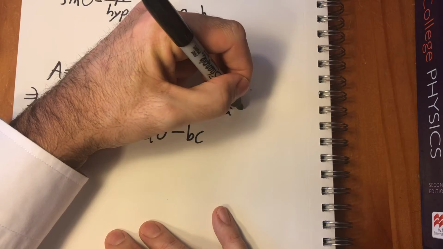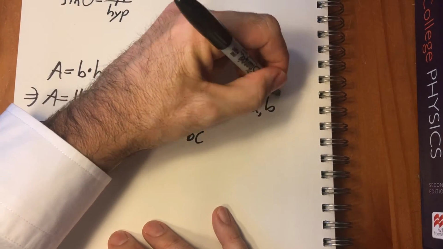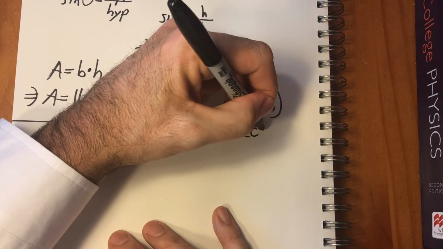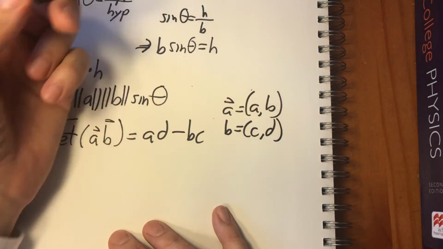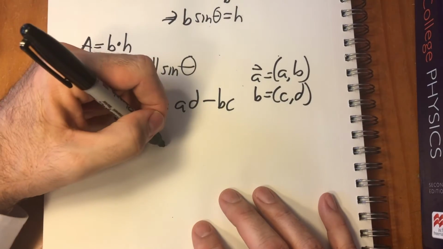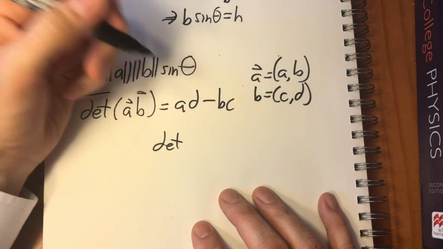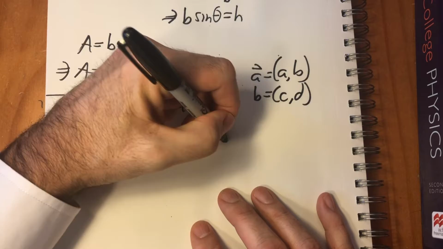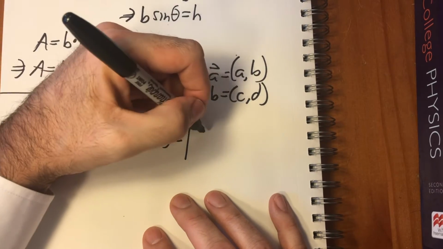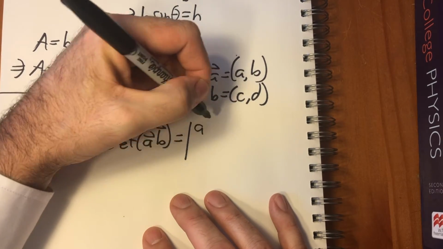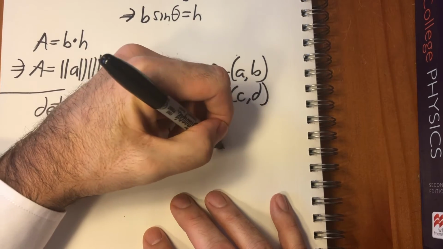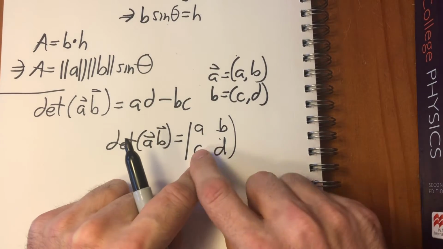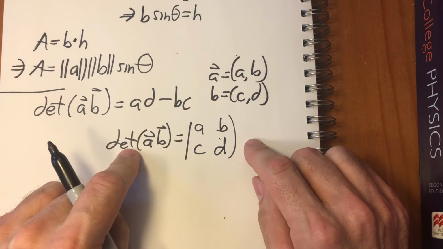So if A equals A comma B, B equals C comma D, we take A times D minus B times C, and that gives us the determinant.